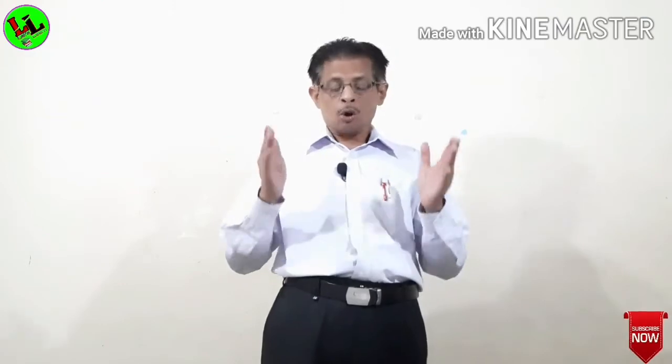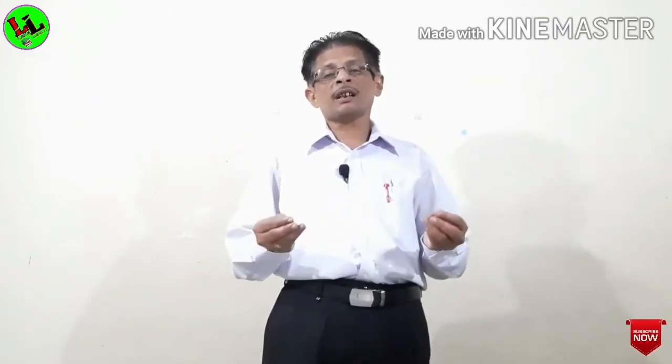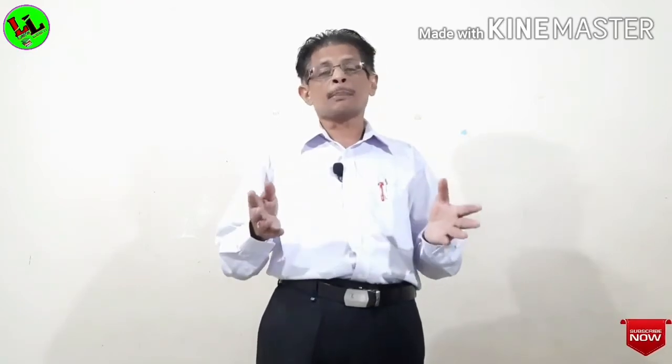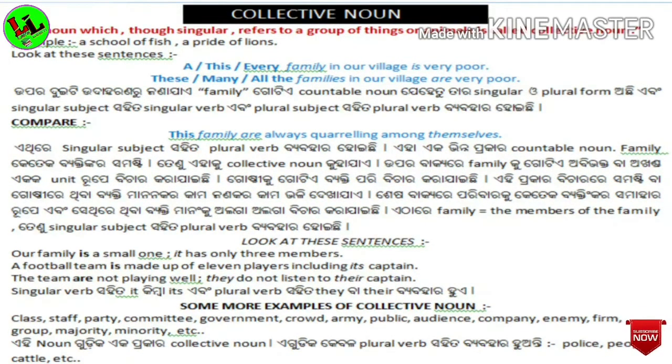Now, we will proceed to collective noun. What is collective noun? What is its definition? And what are its examples? Now you see. A noun which though singular refers to a group of things or animals is called collective noun.